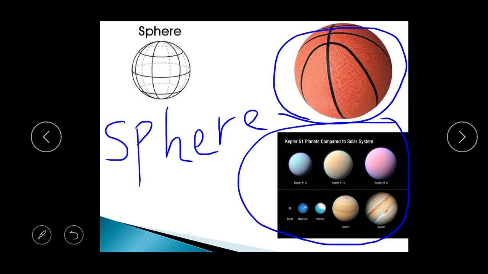S-P-H-E-R-E. Sphere. And we said that examples of objects that are in sphere shape are your football, your basketball, and also the earth is in sphere shape, spherical.